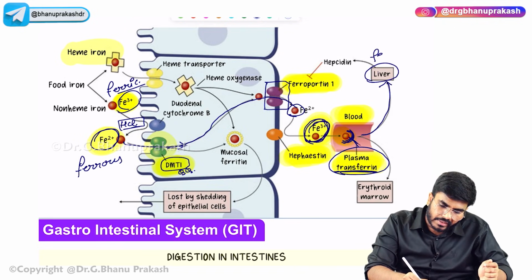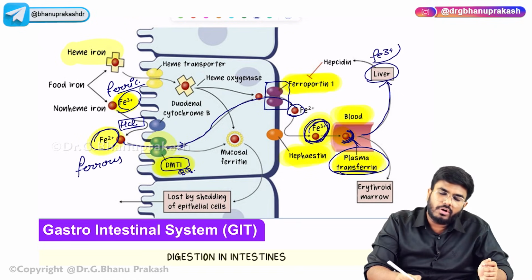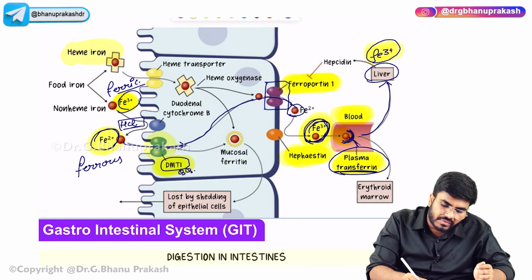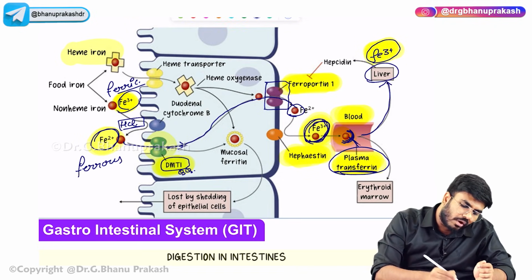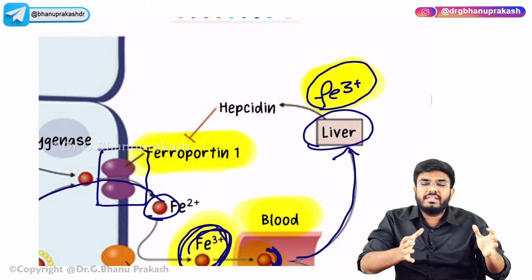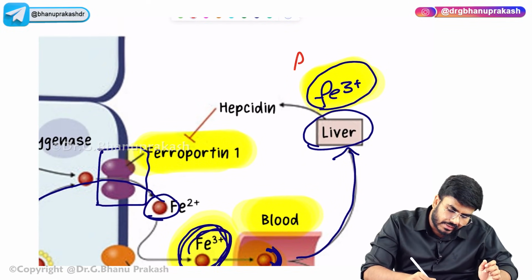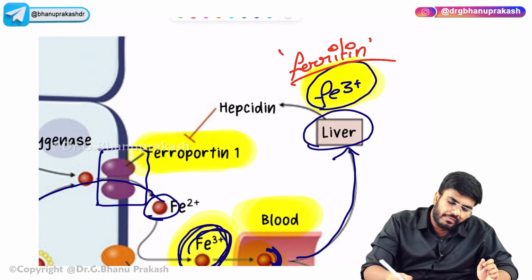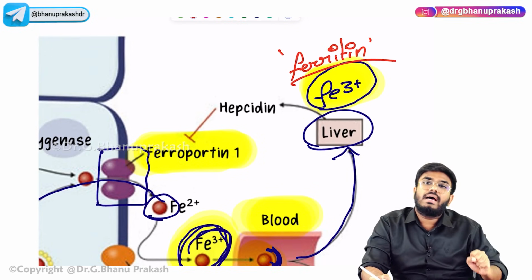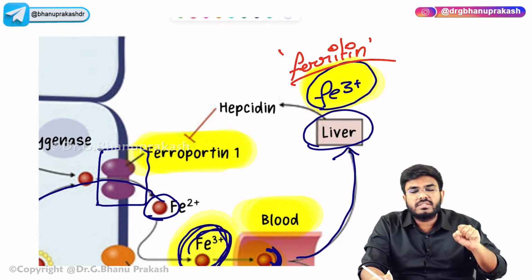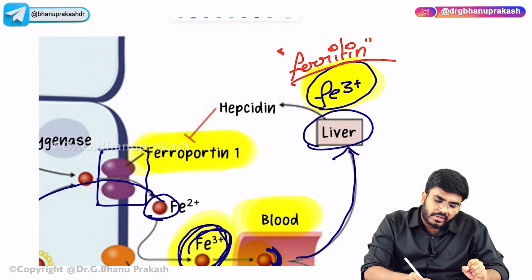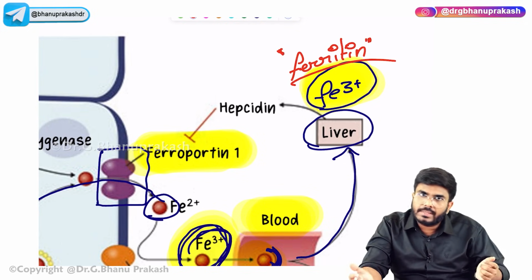Here in the liver, the iron is stored. Which form of iron is stored? The Fe3+ form of iron is stored along with a protein called ferritin. Ferritin is the protein which binds and stores the iron; it is the storage form of iron, you can say.